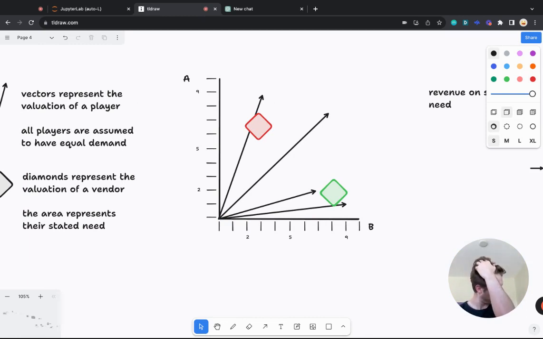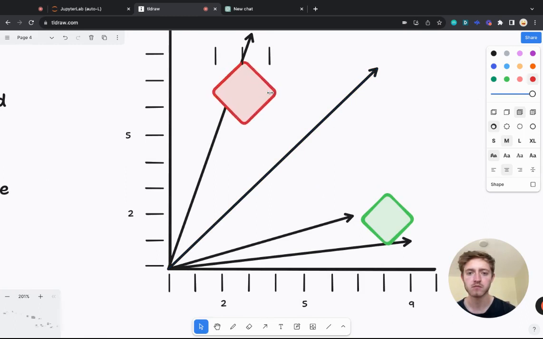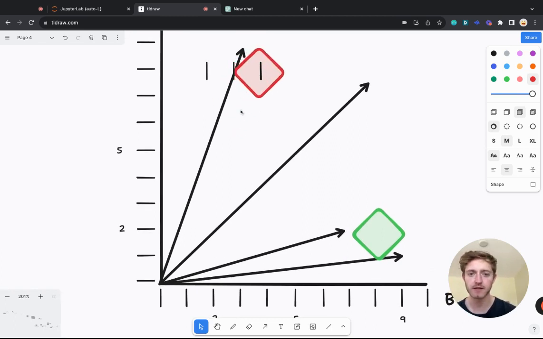I said that the area. I don't think it should be the area. I think the best idea I have is it should be the diagonal. So let's do that instead.